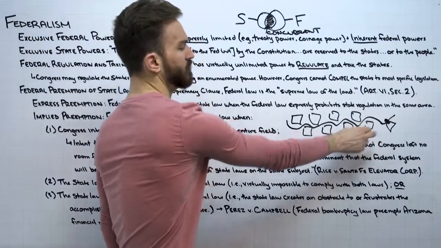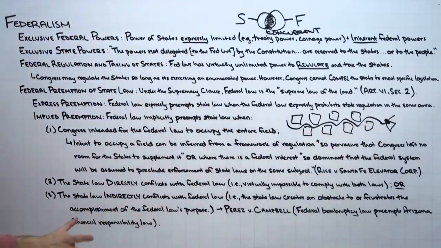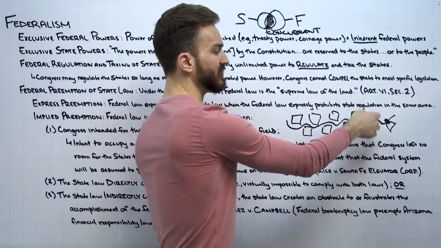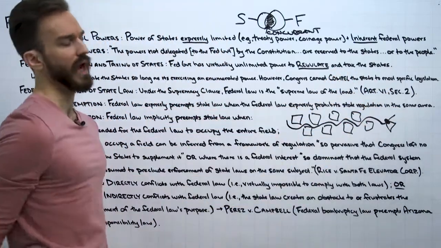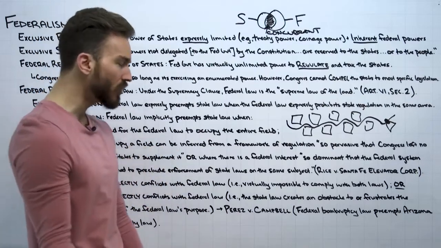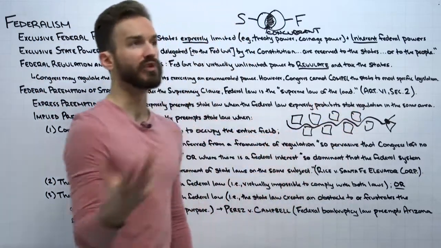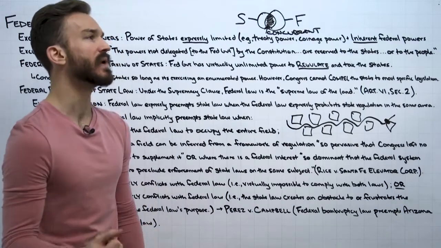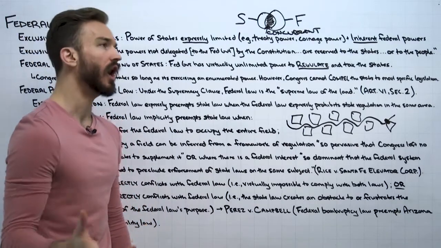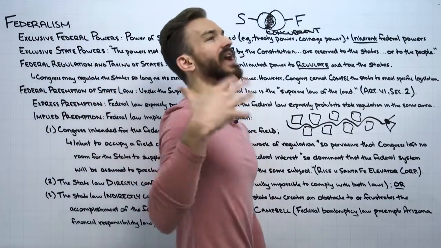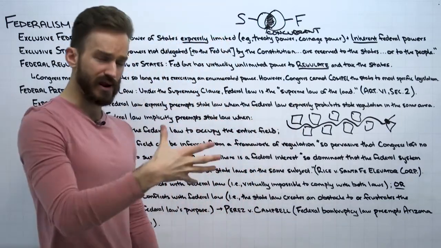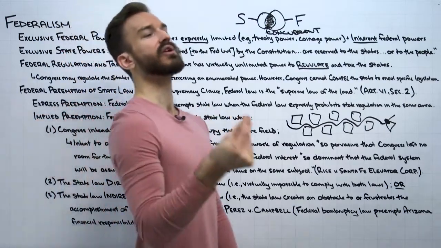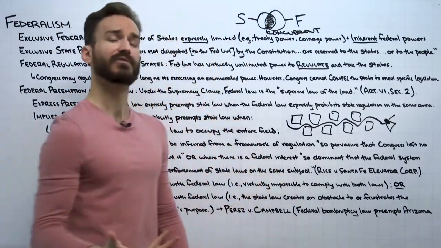How does this play out? And important to recognize, it doesn't matter if the law doesn't necessarily conflict or even supplements the field. So imagine here, I'll use a hybrid of a real case. Let's say the federal government passes a law that says if you're an alien immigrating to the United States, you have to carry a form of identification.